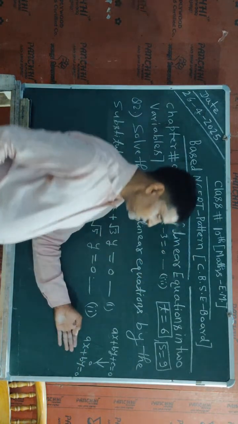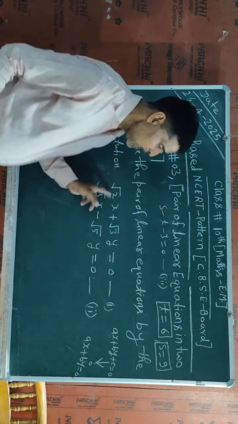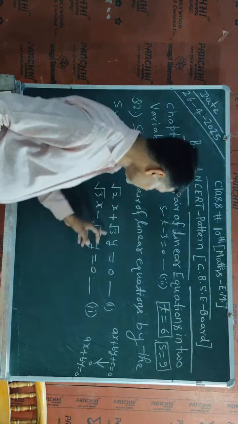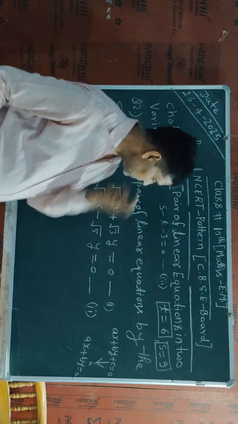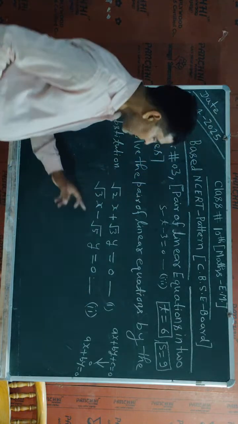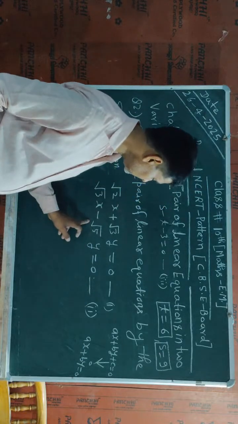This is also in standard form. The value of a is written here root 2 and the value of b is written here root 3. And in this equation, the value of a is root 3 and the value of b is written here minus root 5.